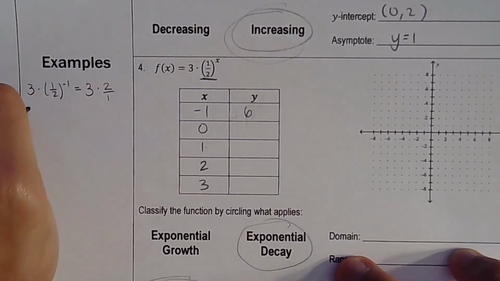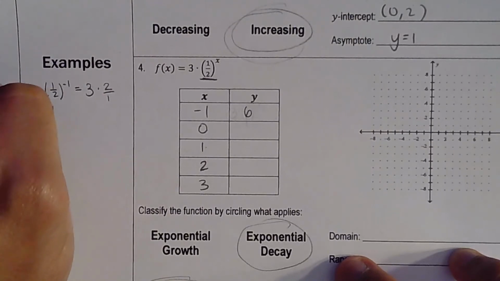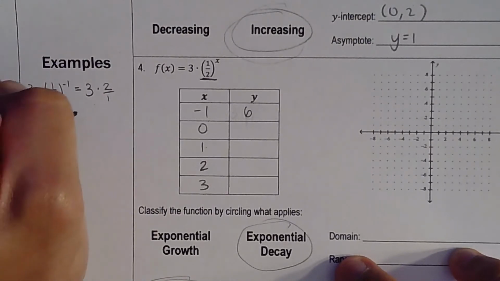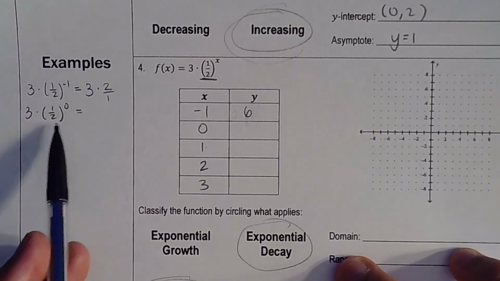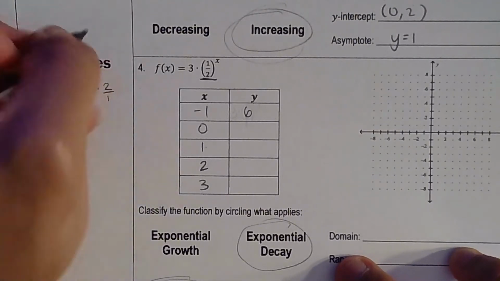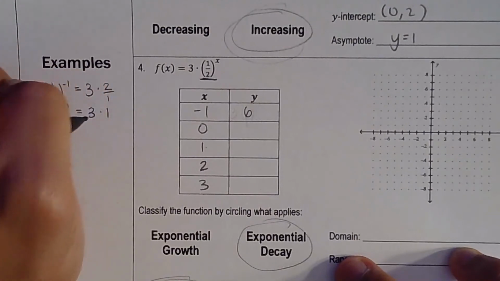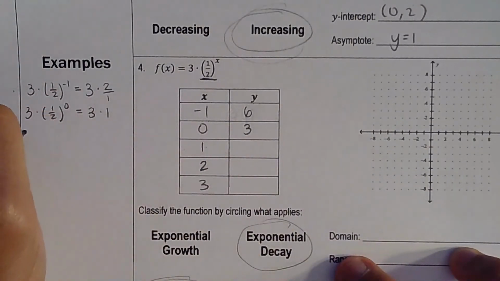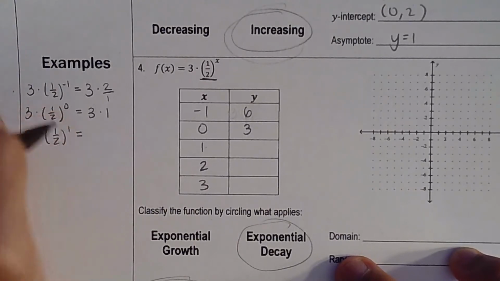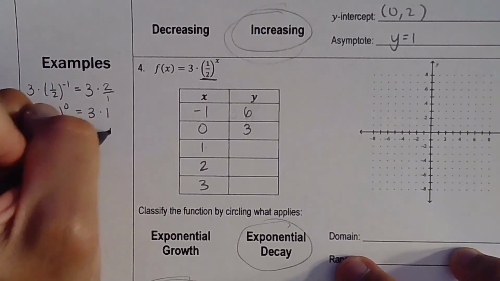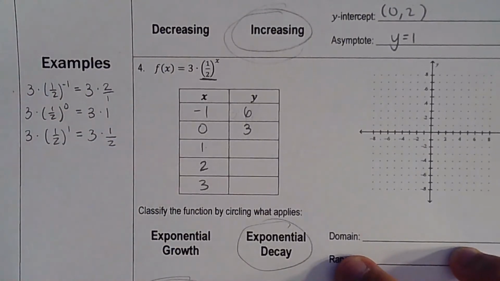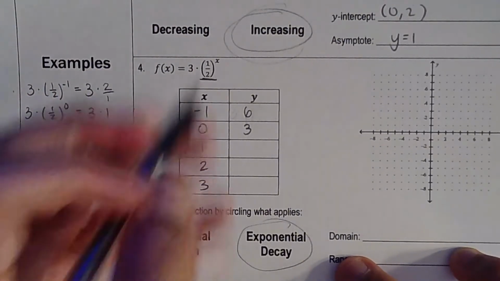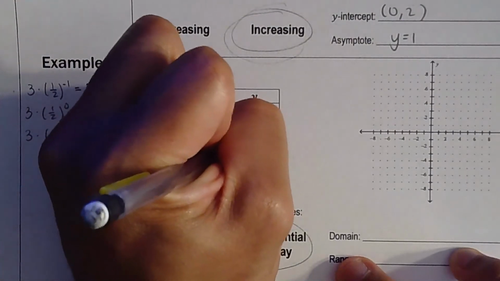All right, now we have 3 multiplied by 1/2 to the 0 power. So 1/2 to the 0 power is just 1. So this is just the same thing as 3 times 1, which is just equal to 3. All right, 3 multiplied by 1/2 to the first power, that's just 3 times 1/2. So we can just write that out as 3/2.